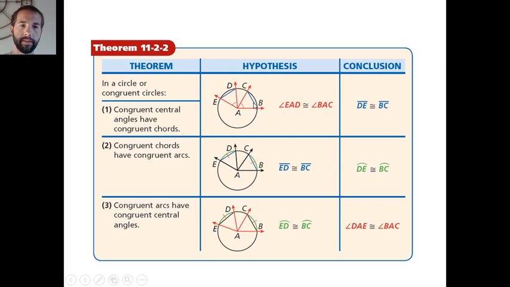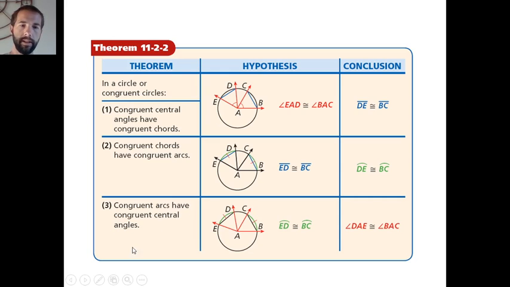Also the other way around, if we have two congruent chords within a circle, so in this circle, chord ED is congruent to chord BC, then that means that the two arcs that are the endpoints are congruent. Arc ED is congruent to arc CB.